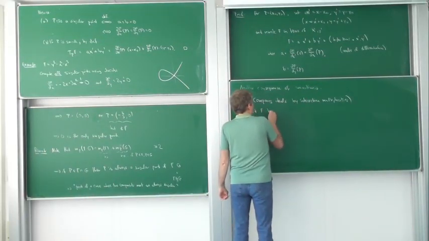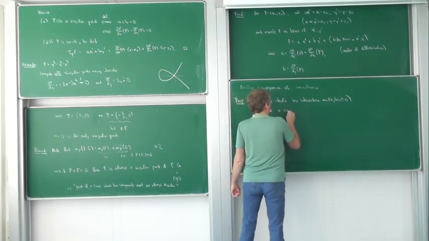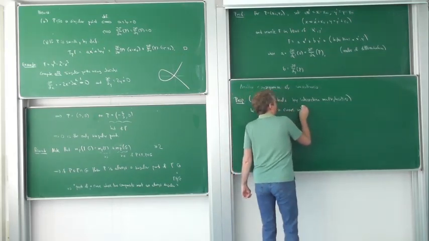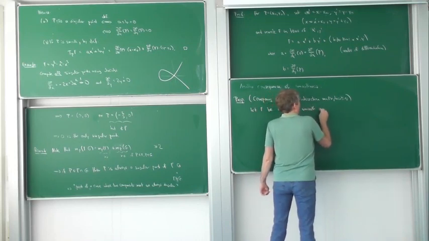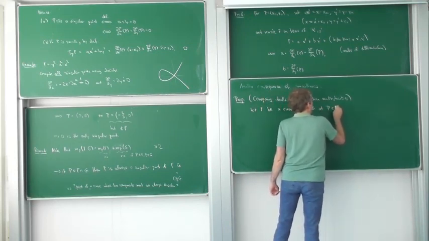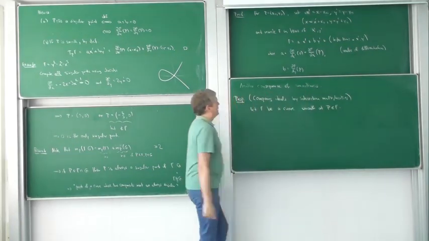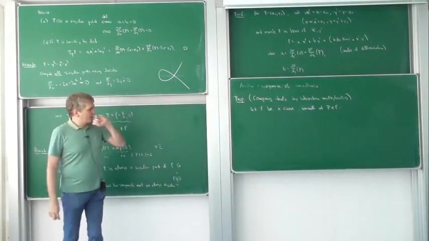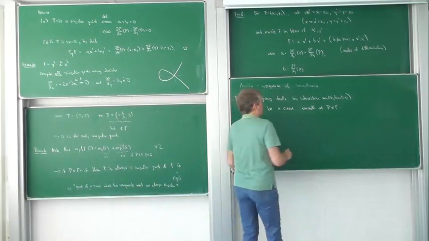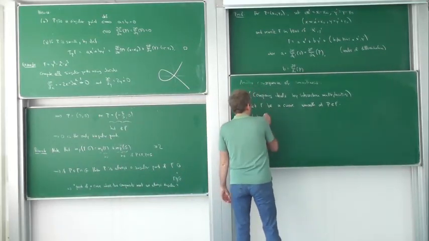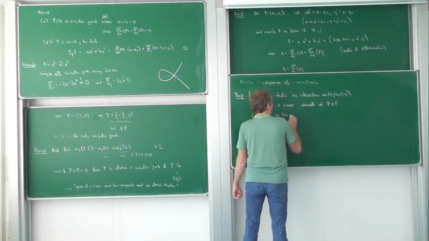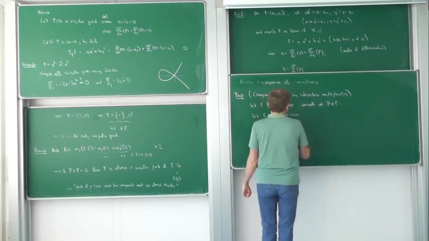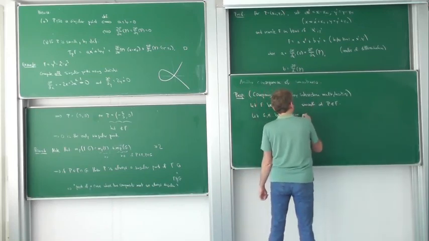So let F be a curve smooth at P. And that smoothness is actually essential. And consider two other curves. So let G and H be two more curves. They don't have to be smooth, only F has to.